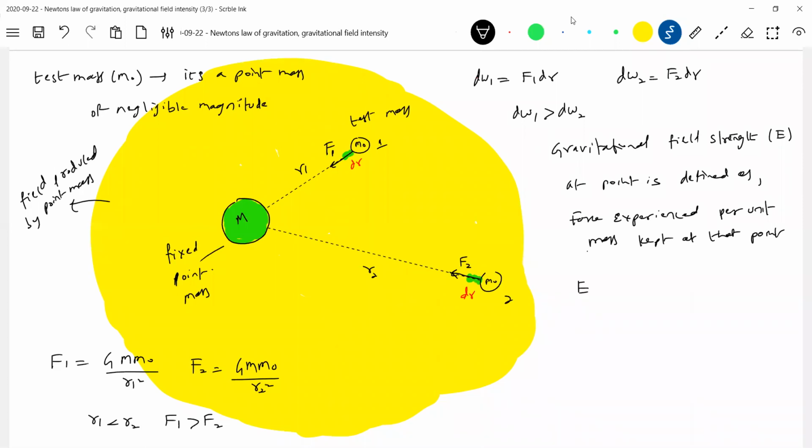So according to the definition, this should be E, the force experienced per unit test mass, or anything. So let me write only mass here.